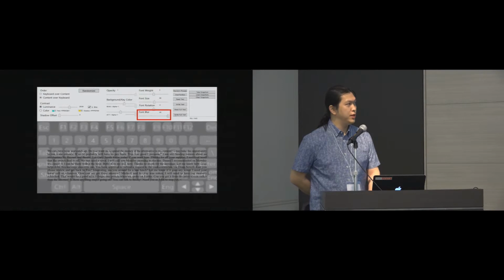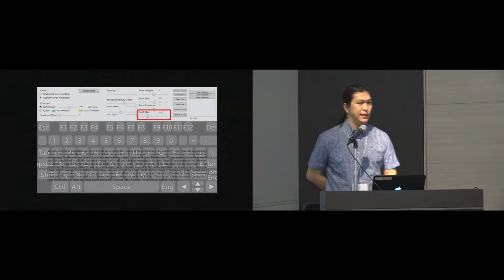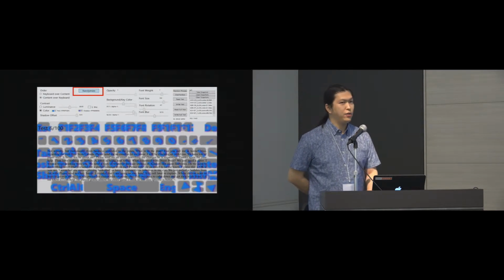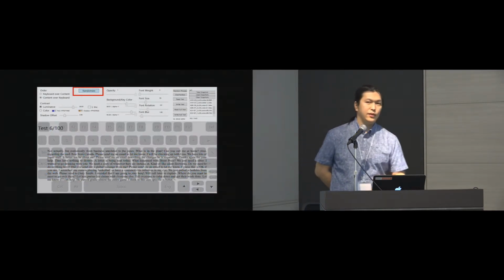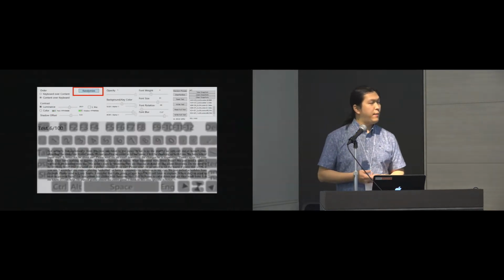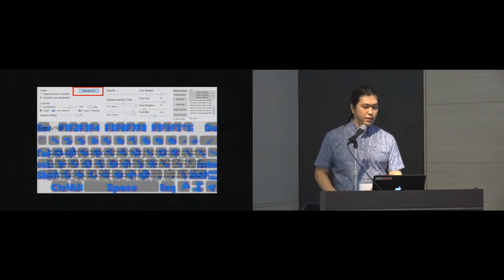And font blur, which is a similar approach to the multi-blending. So we also provided a randomized function to make the designers more creative and not biased by their previous experience.